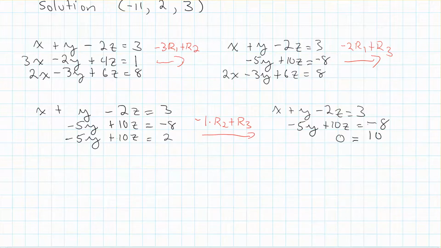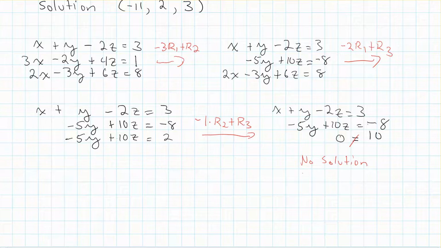Now this should look familiar because we had this a couple videos ago, when we had two linear systems with two variables, we got that there was no solution. And we get the same thing here. This is no solution then, because 0 clearly does not equal 10.